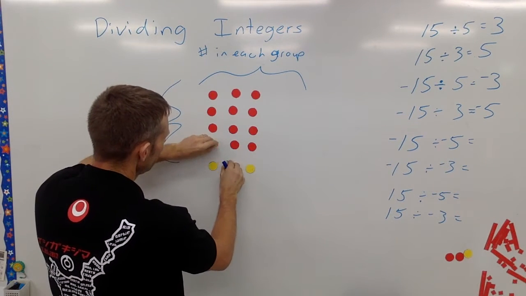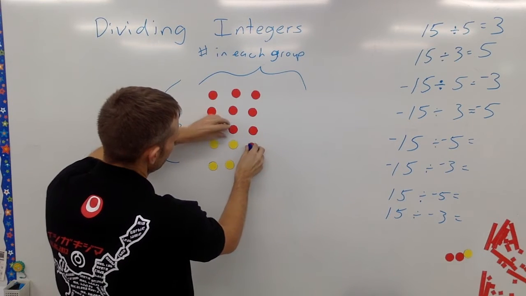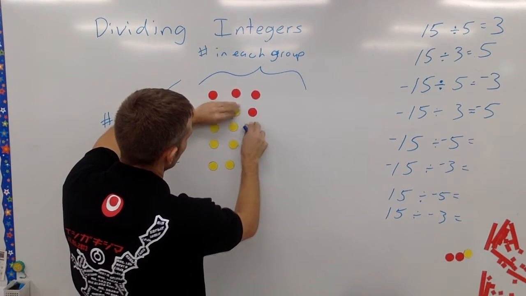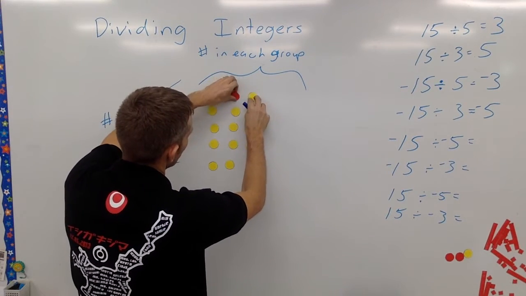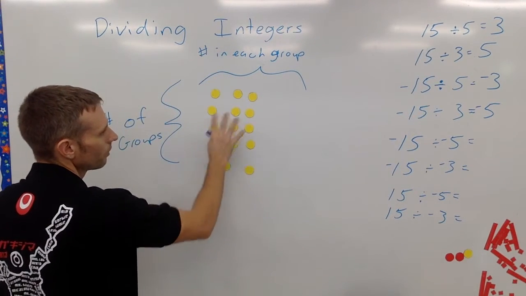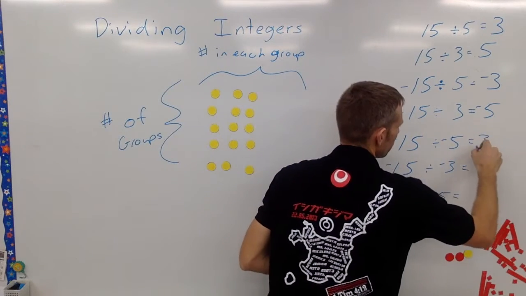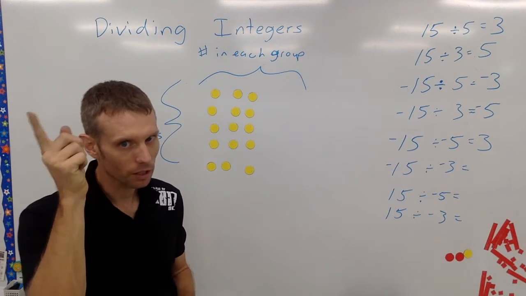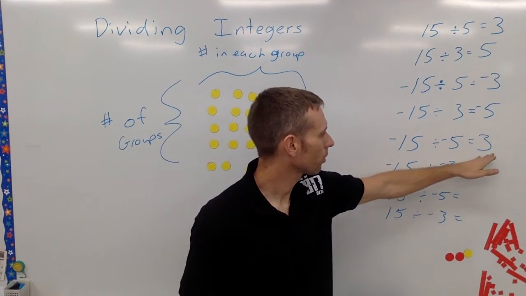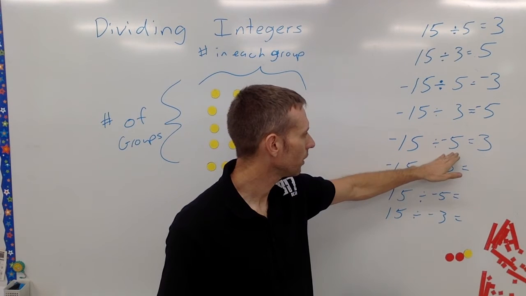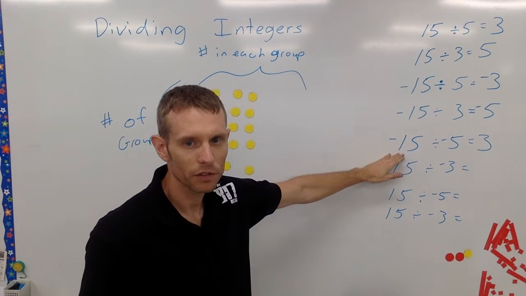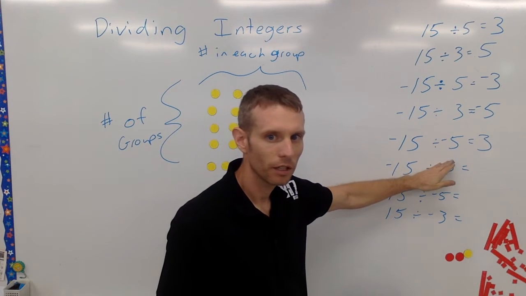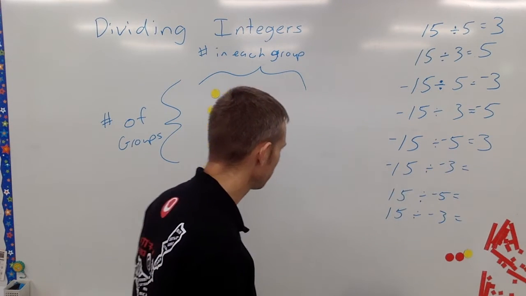So I have to take the opposite of each of these. And you'll see that I now have 3 in each group. It's a little bit confusing, but if you forget, this is how you can check. We know that 3 times negative 5 gives us negative 15. We learned that already. So that means negative 15 divided by negative 5 gives us positive 3.